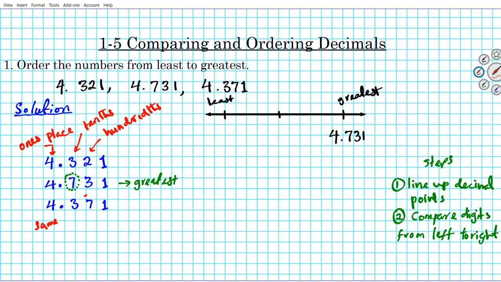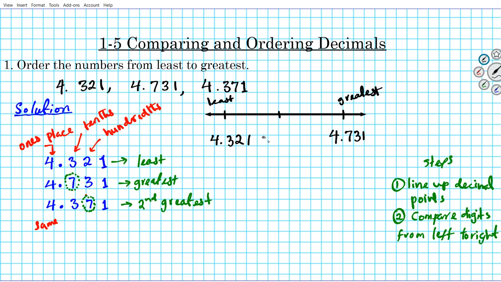So this one is the second greatest. Since there are only 3, and this is the greatest and this is the second greatest, this one right here is the least. If there were more, you just keep going down the place values. So let's put them in. The least is 4.321.